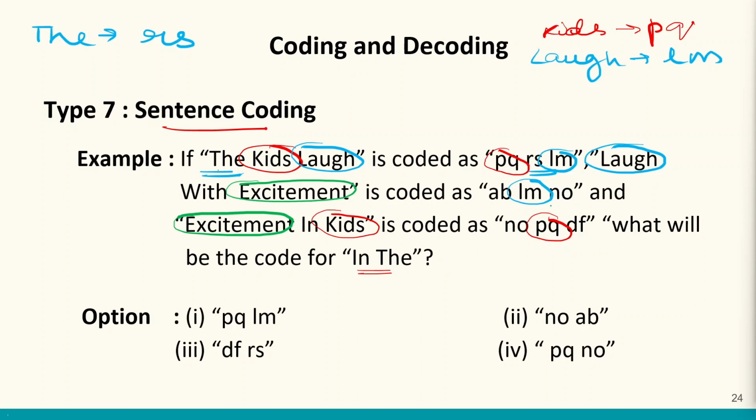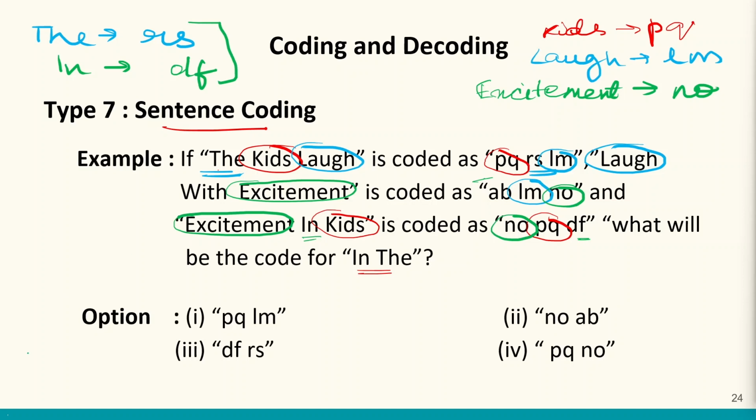The only common letters are NO. So I can say that excitement is coded as NO. If excitement is coded as NO, kids is coded as PQ, the only remaining letters are DF. So I can say in is coded as DF. So we have successfully found out the code for in the, which is RS and DF.